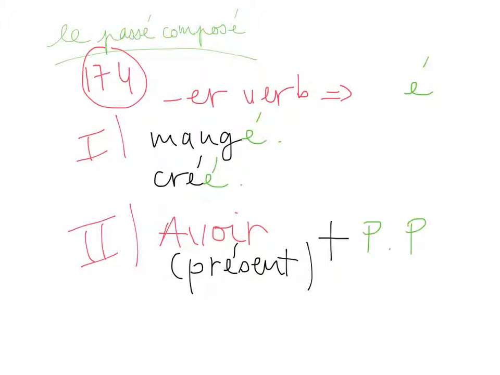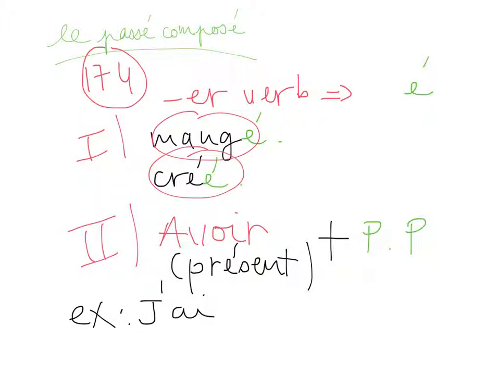The past participle is something like manger here, or créer. Exemple, j'ai mangé. Very easy. J'ai joué. And so on and so forth. There is nothing very difficult about that.